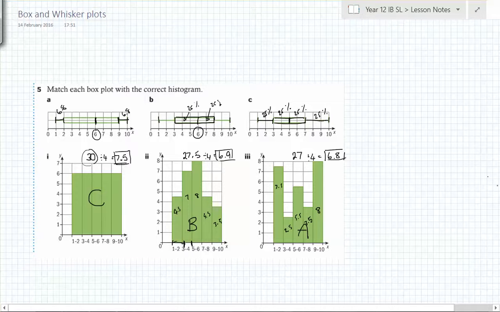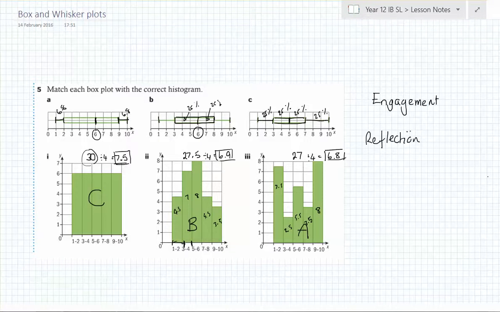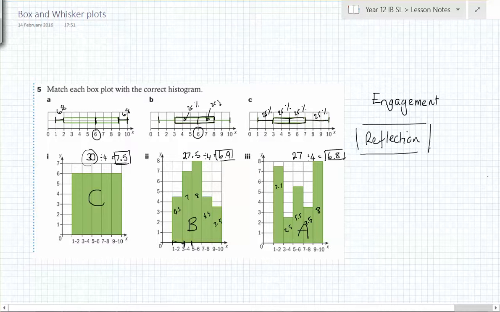Because again, like I said, with your exploration, I'm going to just introduce you a couple of words here. Engagement and reflection. You don't need to write those down. You're going to have plenty of opportunity to write those down, believe me. What engagement and reflection? The thing that we're doing now is reflection. So with your exploration, the biggest thing that you're going to be asked to do is show you're interested, so that's your engagement.